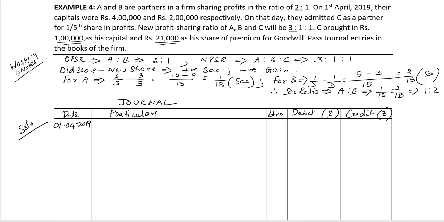The first journal entry is for the capital and the premium for goodwill brought in by C. So we have bank account debit to C's capital account to premium for goodwill account.